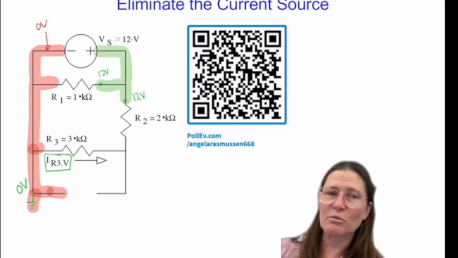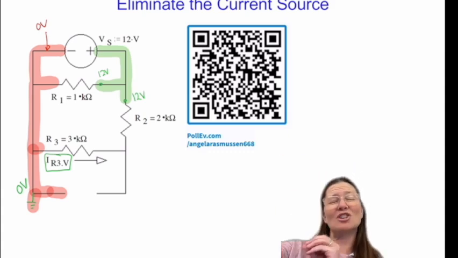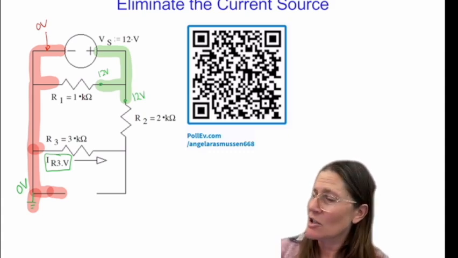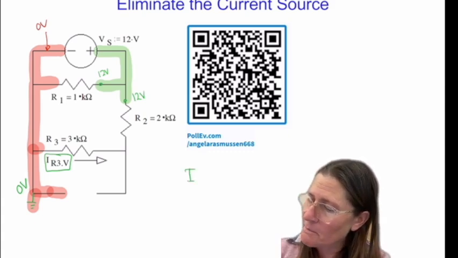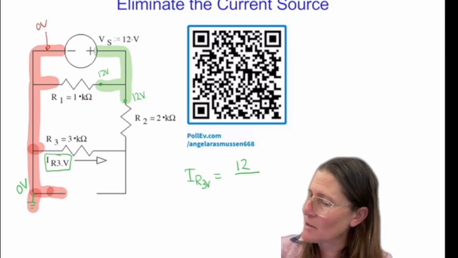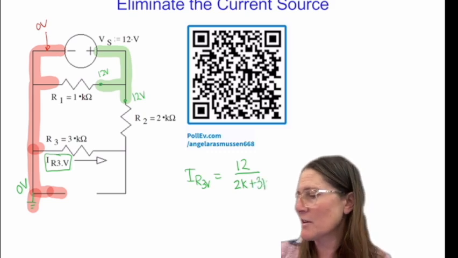Or since I'm finding current, I know the voltage across them, and then I can just divide by the resistance. So using Ohm's law, it would be 12 divided by 2K plus 3K.